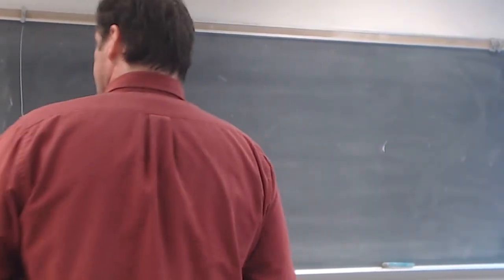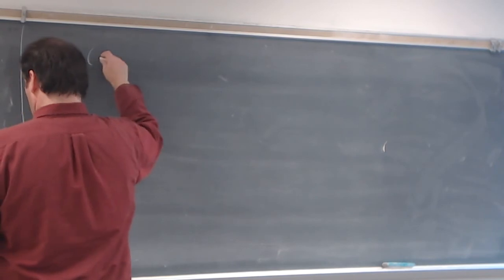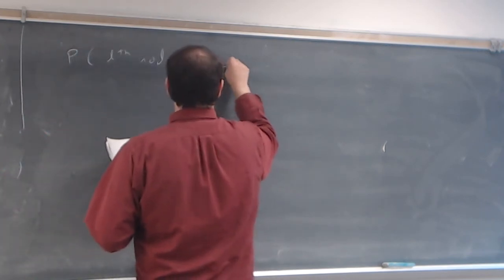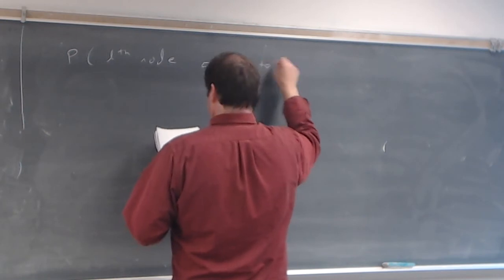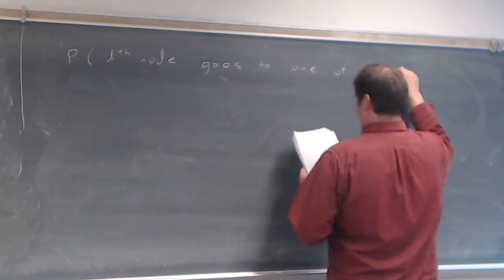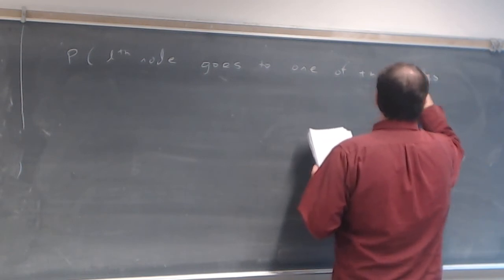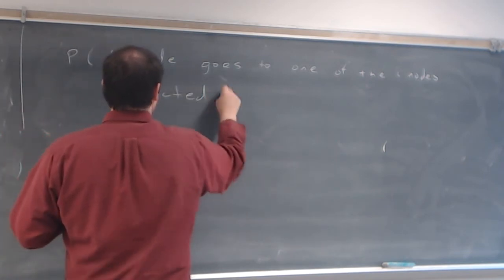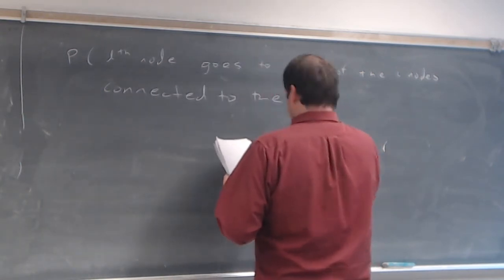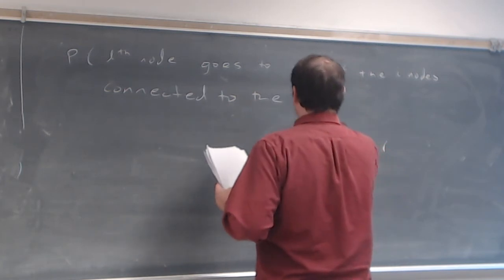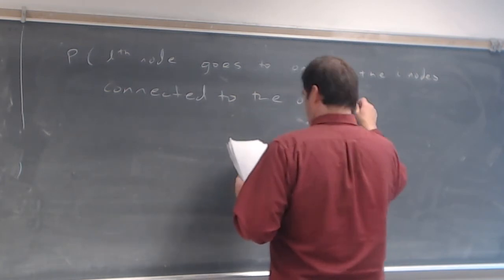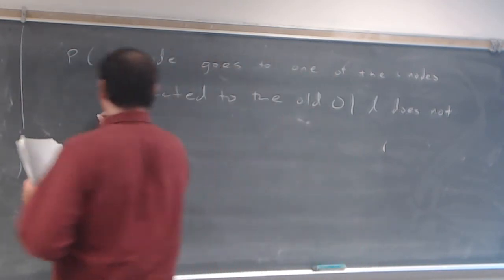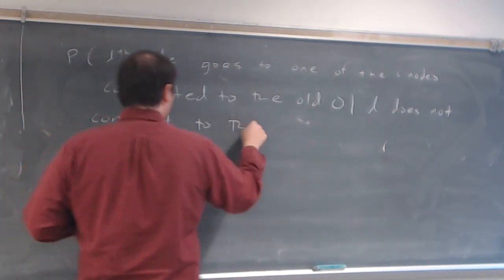That's equal to a conditional probability: the probability that the L node is connected to one of the i nodes connected to the old 0, given L does not connect to the old 0.